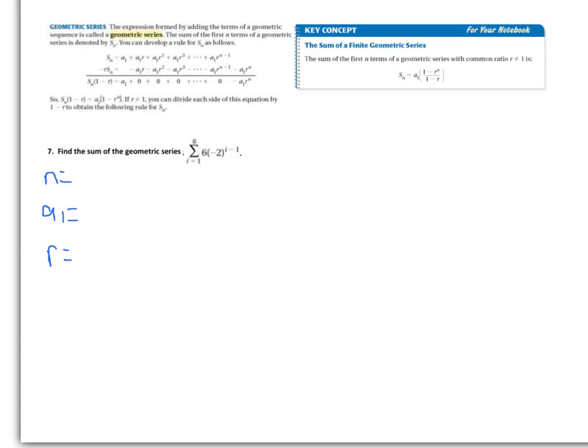So n is 8. Common ratio, what's in that parentheses that's to the exponent? Negative 2. First term, well, let's plug it in. 6 times negative 2 to the 1 minus 1, 6 times negative 2 to the 0. Well, it's 6.